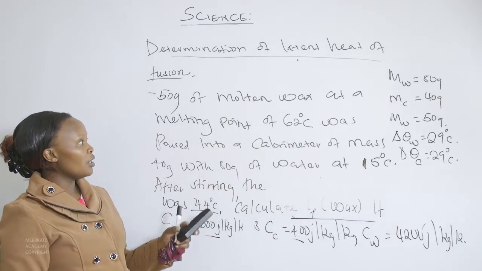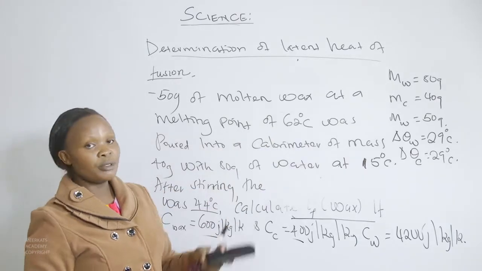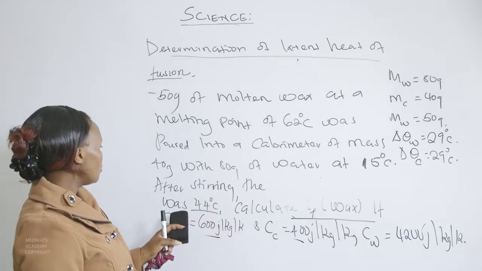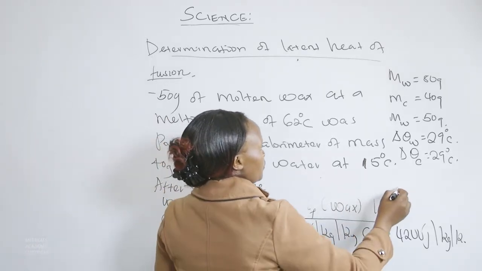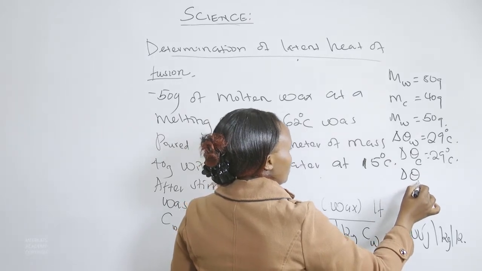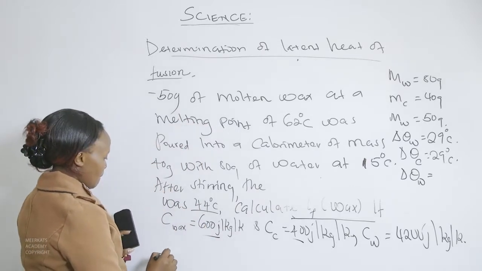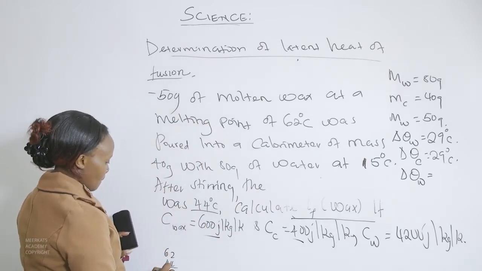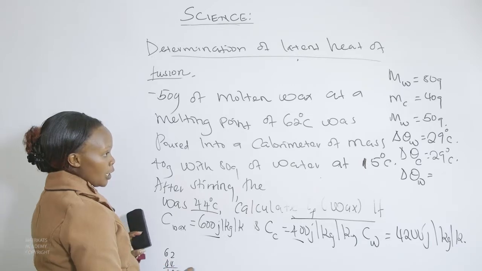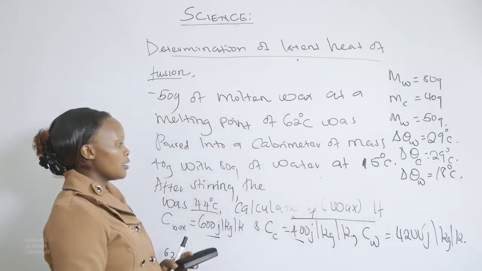We also now have our molten wax, whose temperature is dropping from 62 to 44. So now the change of temperature of the wax is 18 degrees centigrade.